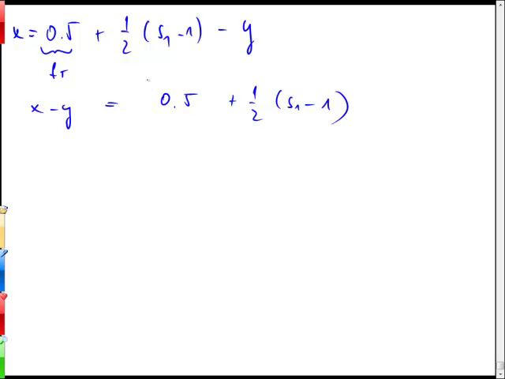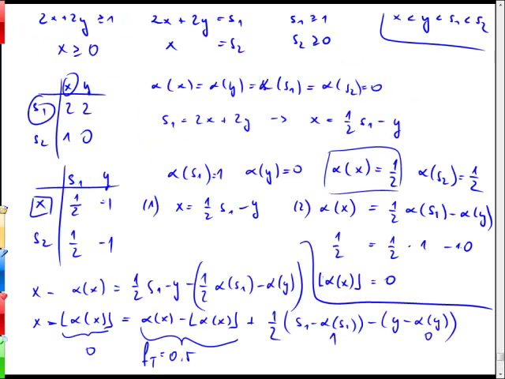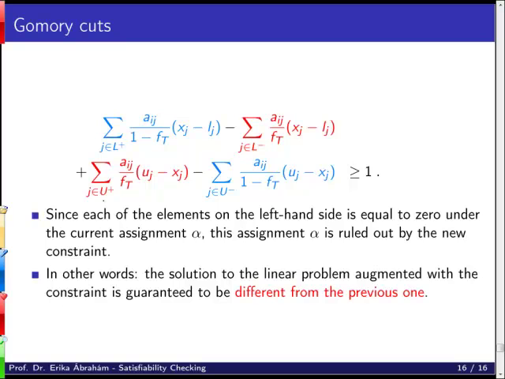And I know now this is the term to which I can apply my equation. And then I know that this is larger or equal 1. And if it is larger or equal 1, then I can write this in equation. So I have only the positive one. I have only one variable with a lower bound and the coefficient is positive.